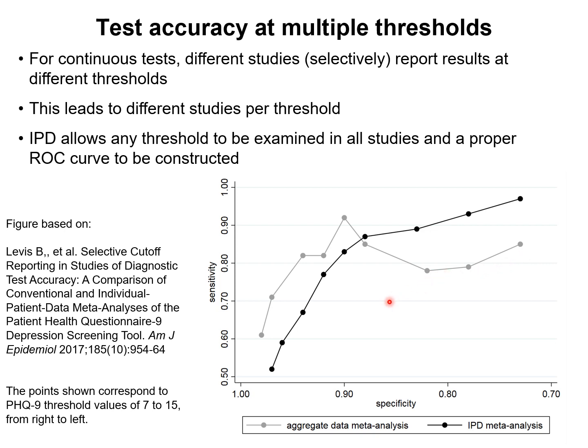But with the IPD, we have the original continuous test value, and therefore in every single study we have the ability to work out the sensitivity and specificity at every single threshold of interest. So we have this nice appropriate curve.